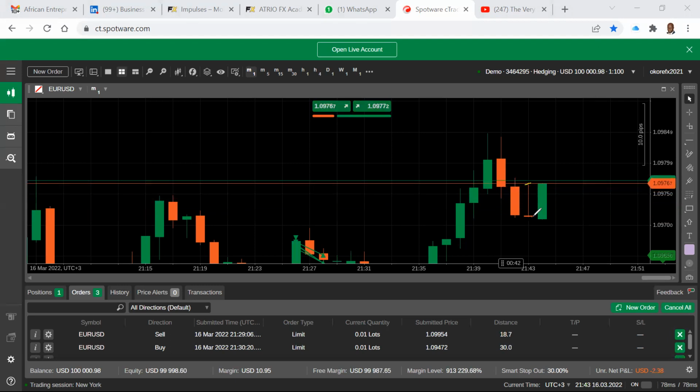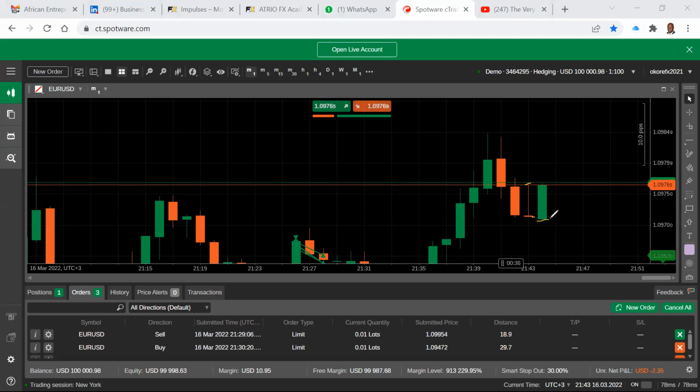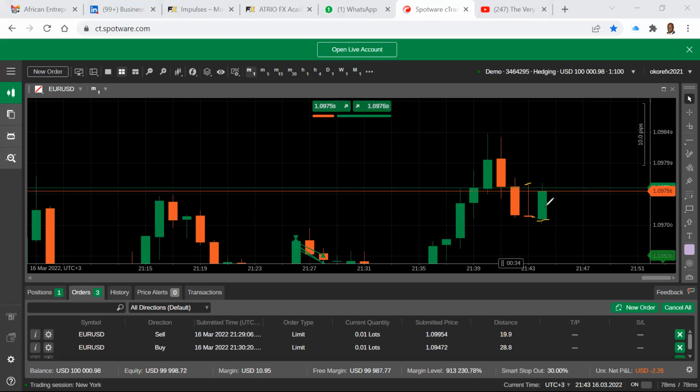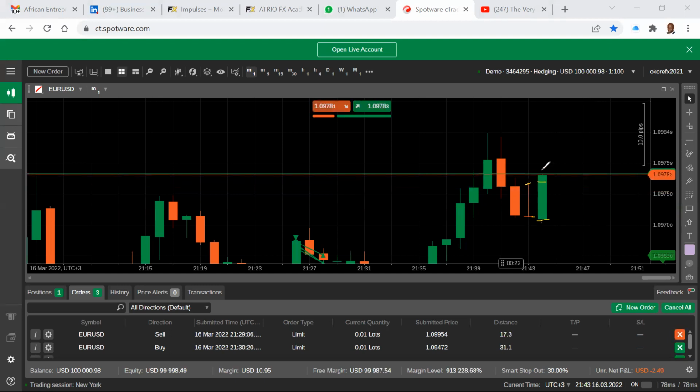Then this one picked up already. This was the open price. That's the lowest it reached. Now this is the highest, but we're waiting to see where it is going to close. It might continue going up. We don't know. It might continue going down. We don't know.